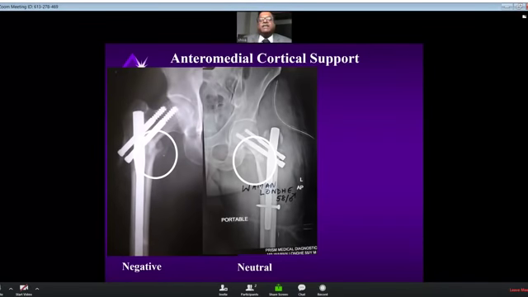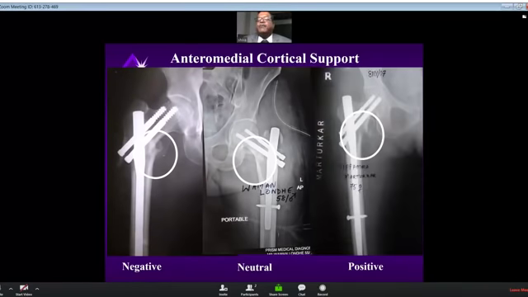But sometimes even in this, slipping of the medial cortical support happens. That's why what I normally advocate is to get a little, the head should be in valgus. There should be nearly about 5 mm. The head neck fragment should be in valgus. That is the positive support.